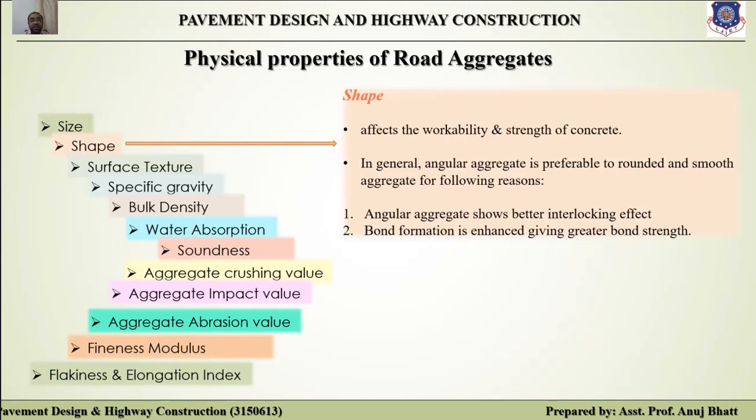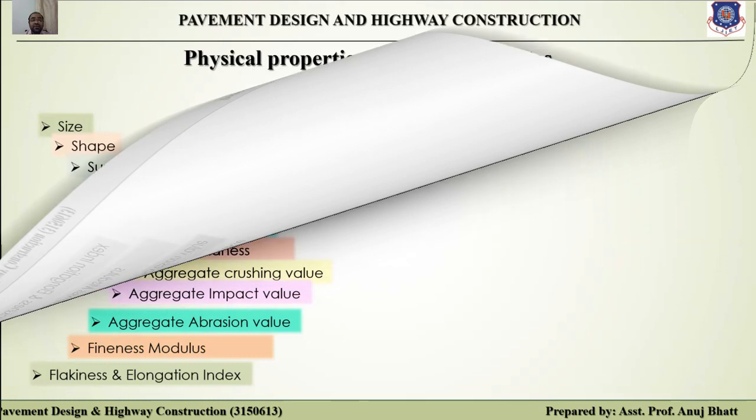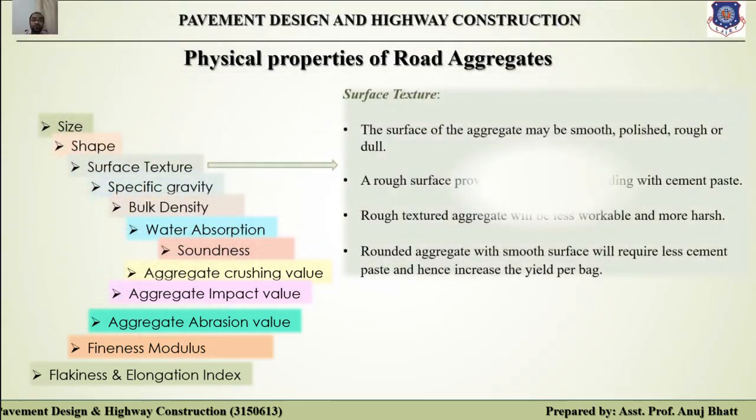Now the next property is the surface texture. The surface of the aggregate may be smooth, polished, or rough and dull. A rough surface provides more area for bonding with the cement paste and gives more strength.